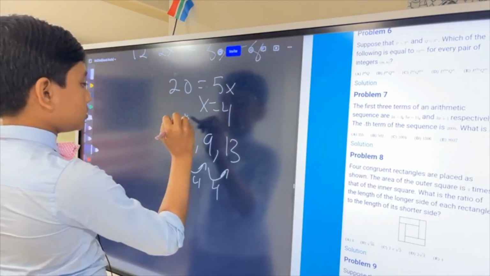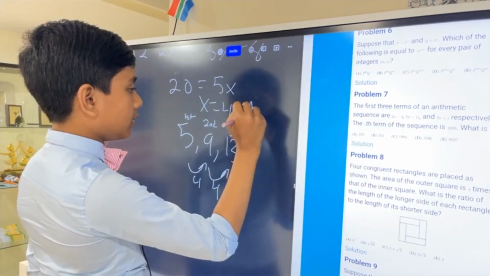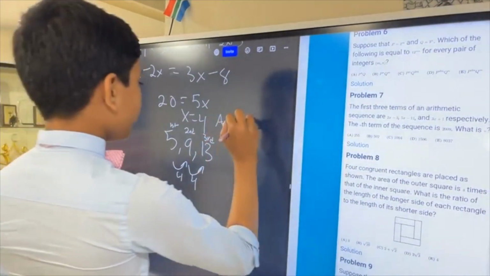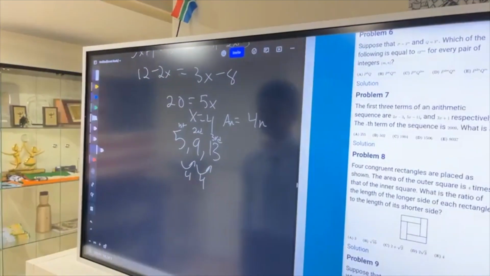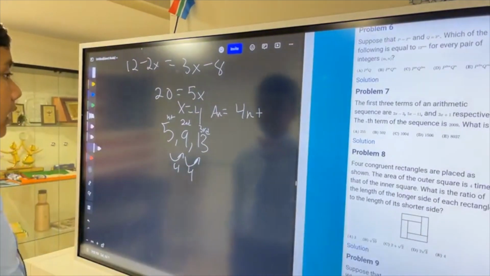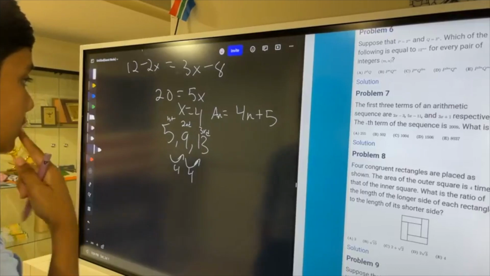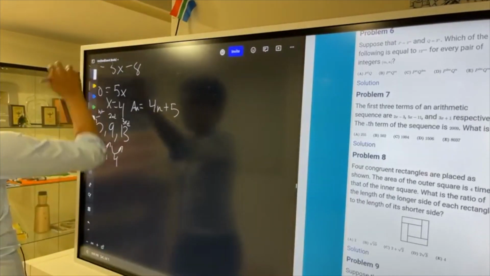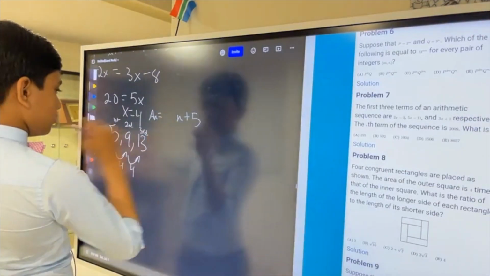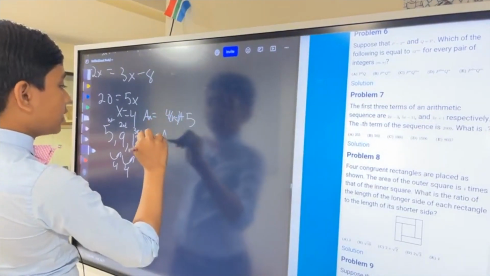So first, second, third. So we can determine a formula for the nth term, which should be 4 times n plus 5. Wait, no. 4 times n minus 1, plus 5.